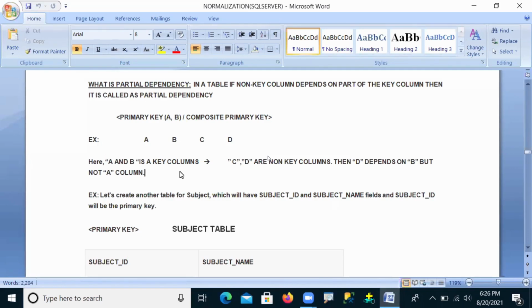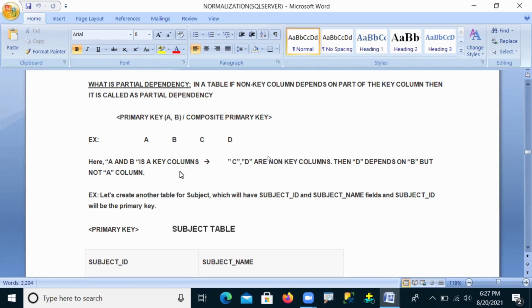That is what we call a partial dependency. When a child depends on both mother and father, it is called a fully dependency. Otherwise, if children depend on only one person, that kind is called partial dependency. Okay, now these are the differences between fully and partially.